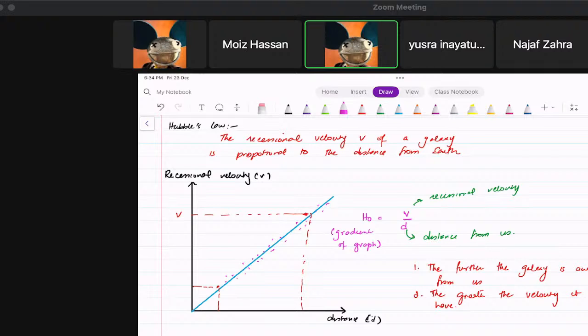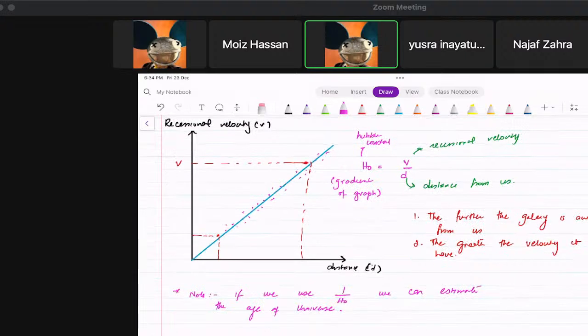All right. So if we use 1 upon the Hubble constant, this is, by the way, the Hubble constant, we can estimate the age of the universe.